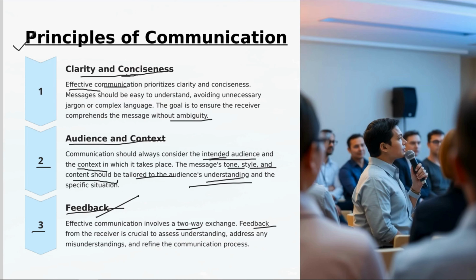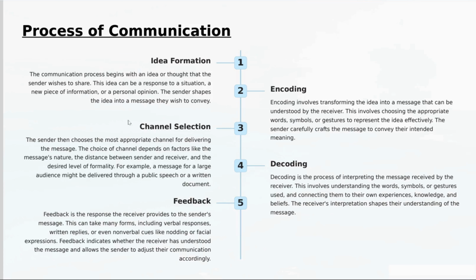Okay, moving on, we have the process of communication, right? So what is the process of communication? What are the elements that we have, right? How do we communicate? Communication is not a simple process. For a good communication to happen, we first need an idea about the context, right?